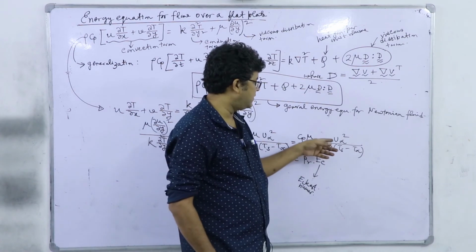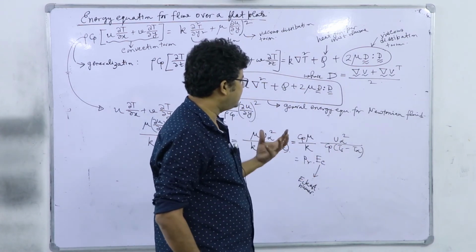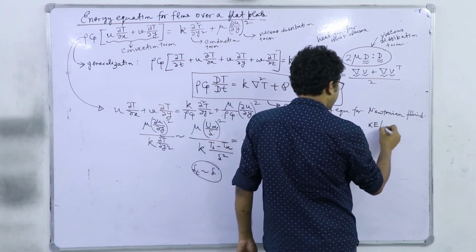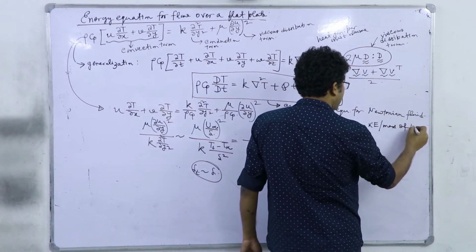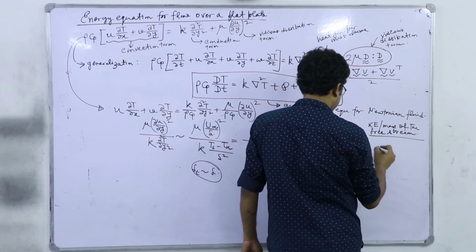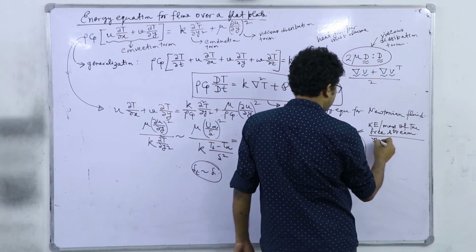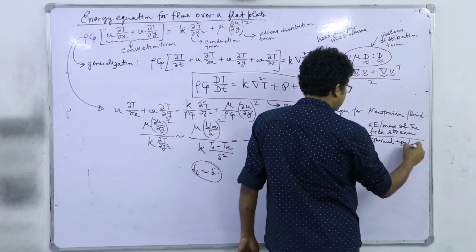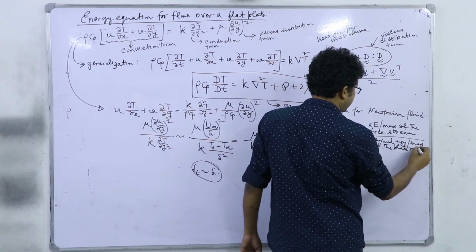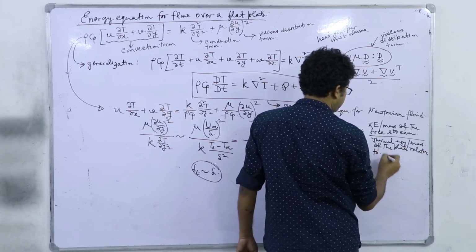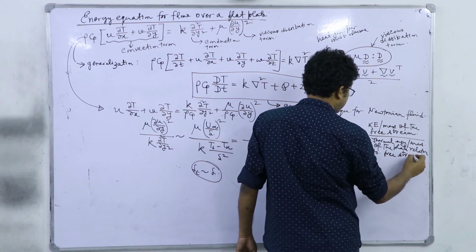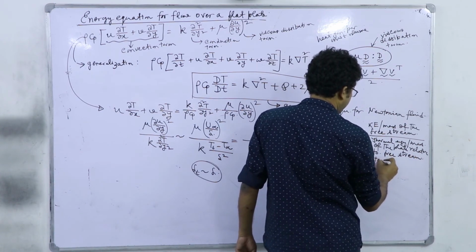Now what will be the significance of this Eckert number? Basically, we can write it as the kinetic energy per unit mass of the free stream divided by the thermal energy per unit mass of the plate relative to the free stream temperature, right.